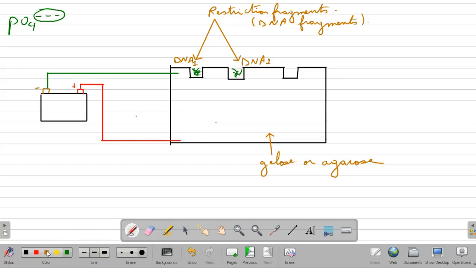Good. Now we have migration of the fragments downward in this direction, like this. So I will write here direction of the migration. Please draw at the same time. Direction of the migration.